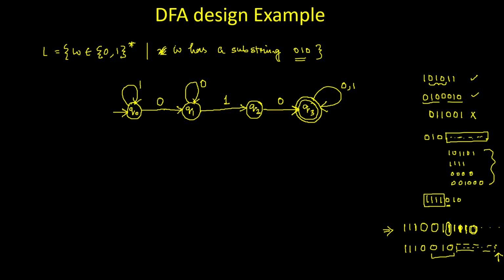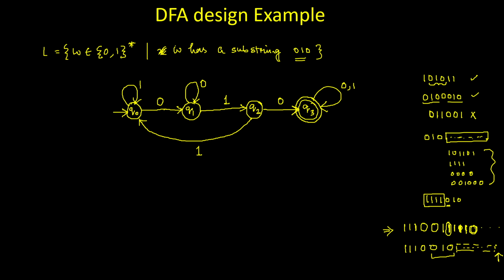If I find 1, then I have to start searching for the substring 010 from the beginning again, right? That means when I get a 1, there is no other way. I have to go back to the first state, and I have to start searching for another 0 that may be the first character of the substring that I am searching for.